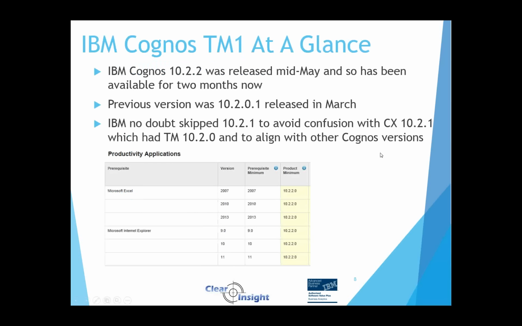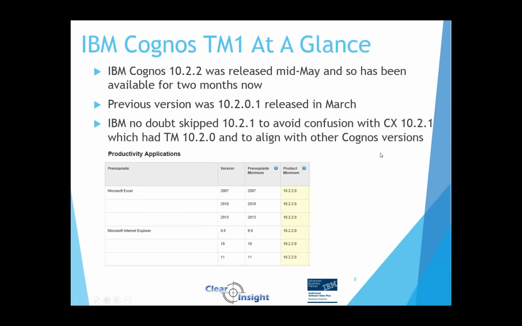But more than likely, they didn't want to have confusion with Cognos Express, which was labeled 10.2.1, which actually has TM1 10.2.0, just to make things a little more complicated within that Cognos Express version. Cognos Disclosure Management went to 10.2.2, and now it's at 10.2.3. So there might have been some attempt to bring things in line with the other versions. So just to let you know, it jumped from 10.2.0.1 in March up to 10.2.2, no 10.2.1, and so that's where we're at right now, released in May.